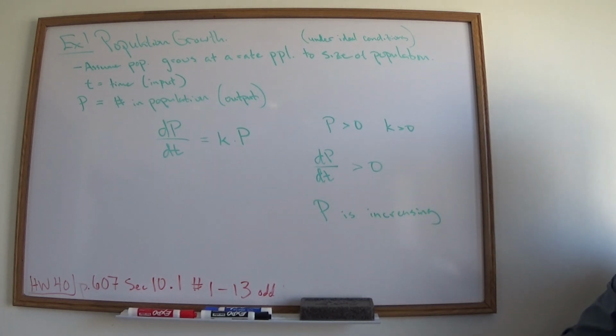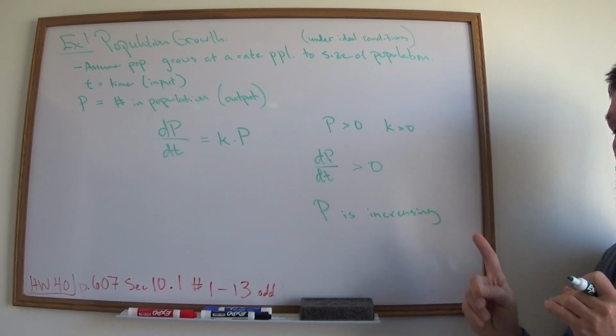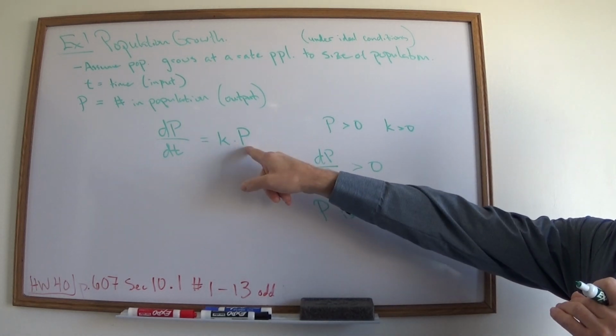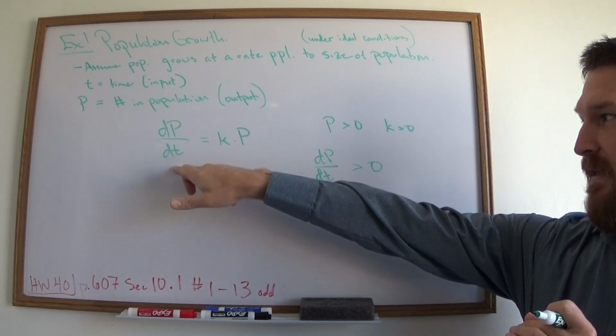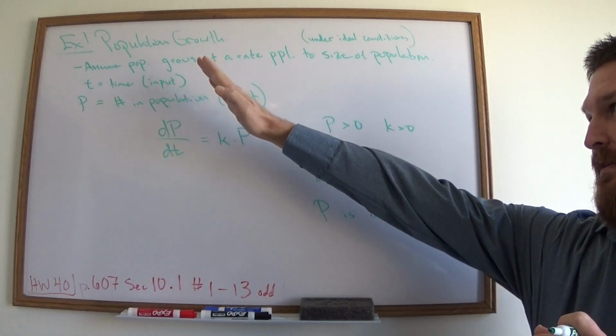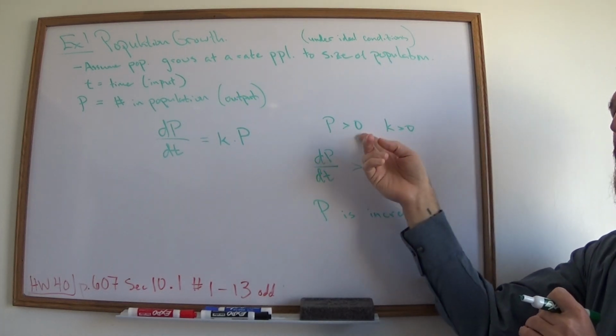In which case, you'd say, well, then we want k to be negative. Wouldn't it just be less than 1? Well, it would be negative. If k were a negative number, and p were a positive number, then this would be a negative number. The slope of p would be negative, and it would be coming down. You can't have a negative amount of people.